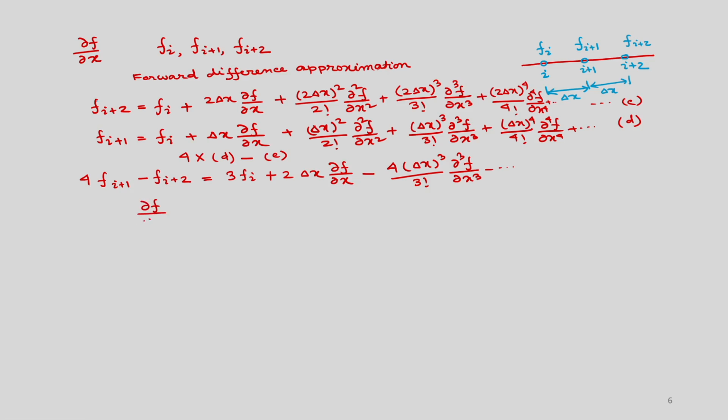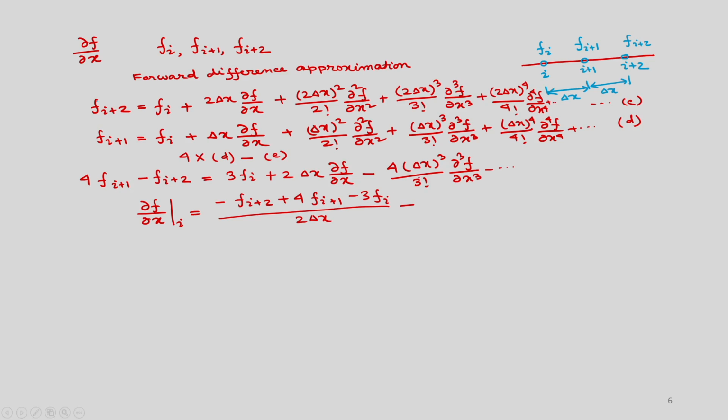So, del f by del x about point i. So, 3 f i will come this side, it will be minus. So, you can write minus f i plus 2 plus 4 f i plus 1 minus 3 f i, you divide it by 2 delta x. So, it will be 2 delta x and minus.